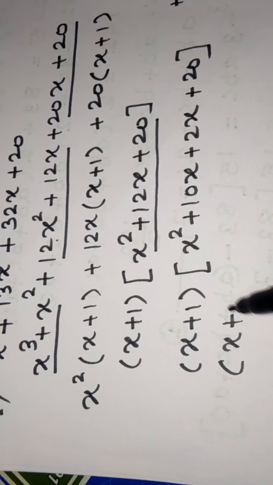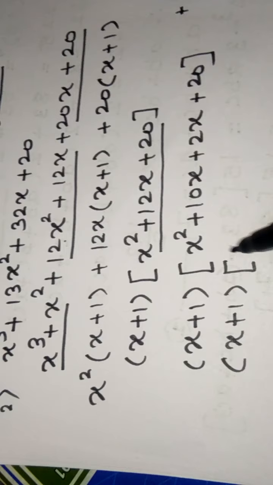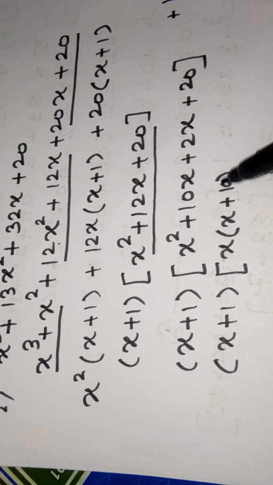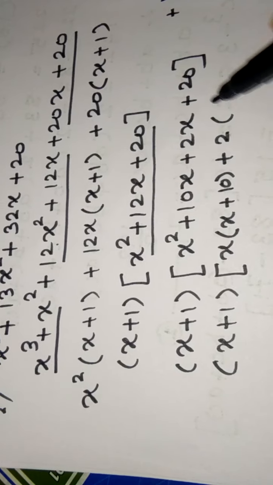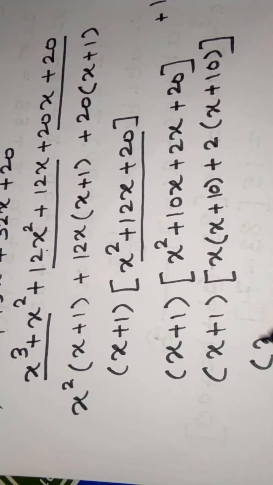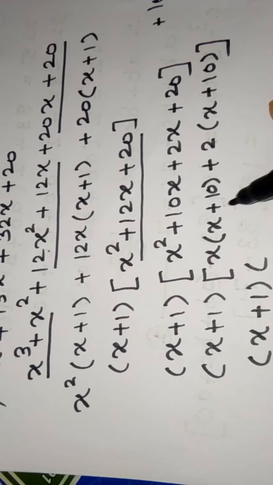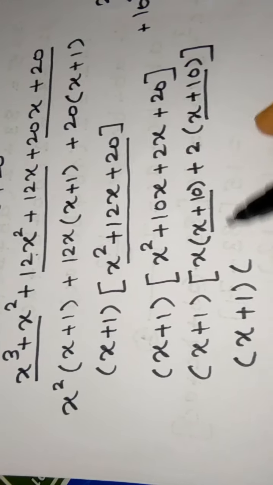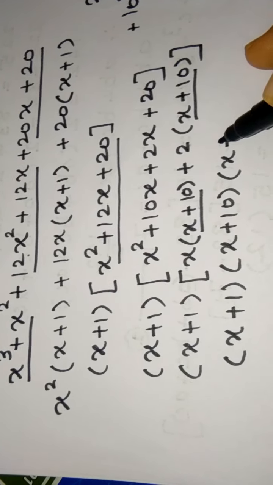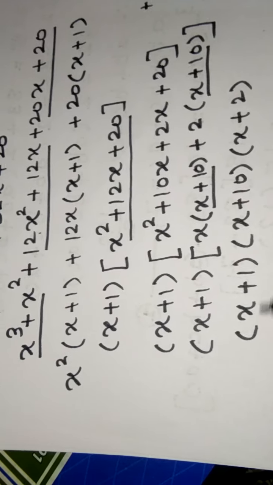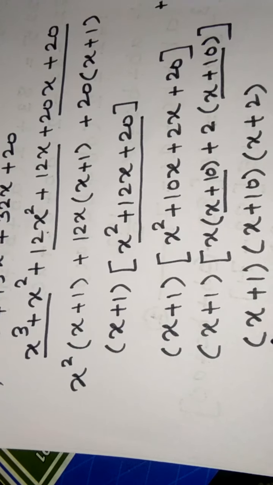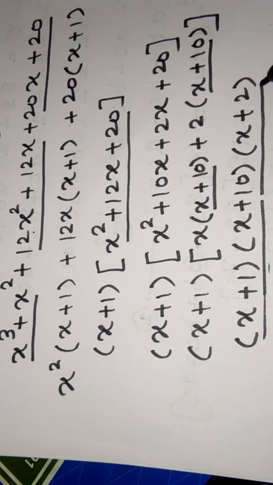From this x is common, x plus 10, and 2 is common, x plus 10. X plus 10 is common to both these terms, therefore x plus 10, and another is x plus 2. These are the linear factors of the given polynomial. In this method we have to factorize the given polynomial.